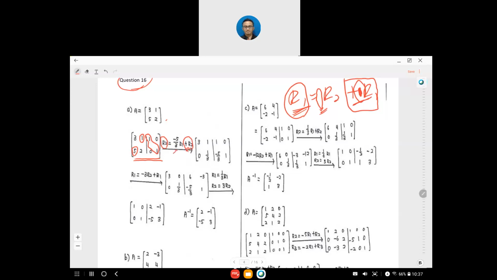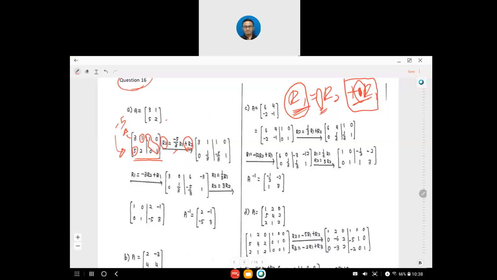Apa you punya aim? You punya aim sekarang nak jadikan 5 sebagai kosong. So macam mana nak jadi 5 sebagai kosong? Maksudnya kat sini kena ada negatif 5. Baru boleh dapat kosong. 3 tu awak kena tukar jadi negatif 5, sebab kita tahu bila negatif 5 tambah dengan 5 akan dapat kosong.